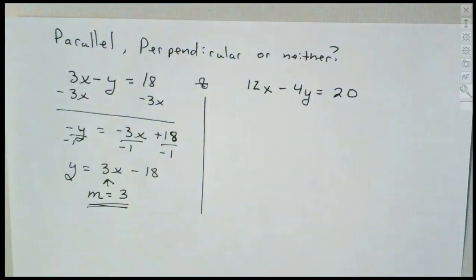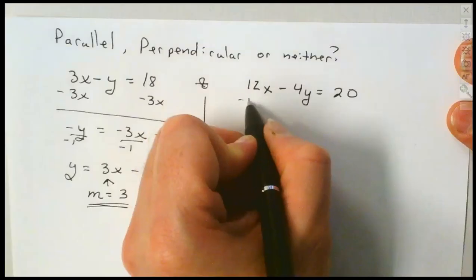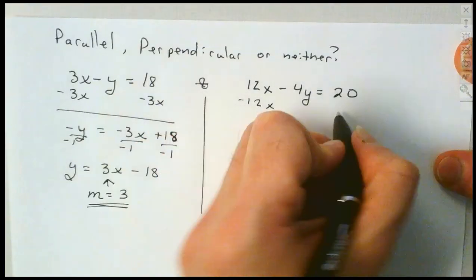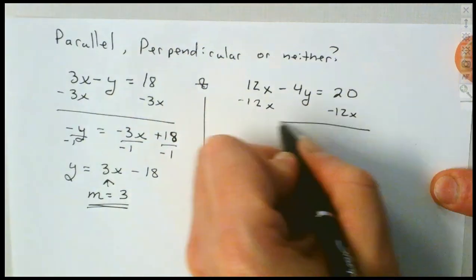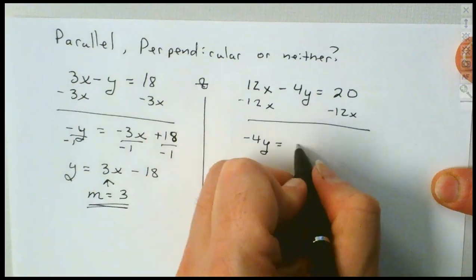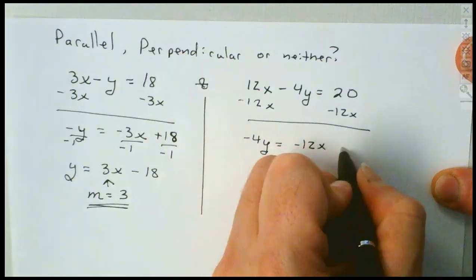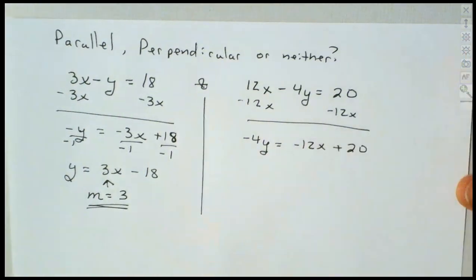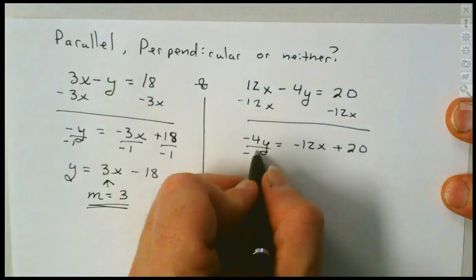Repeat the process on the other side. Move the 12x over. Minus 4y equals minus 12x plus 20. Divide by your negative 4.